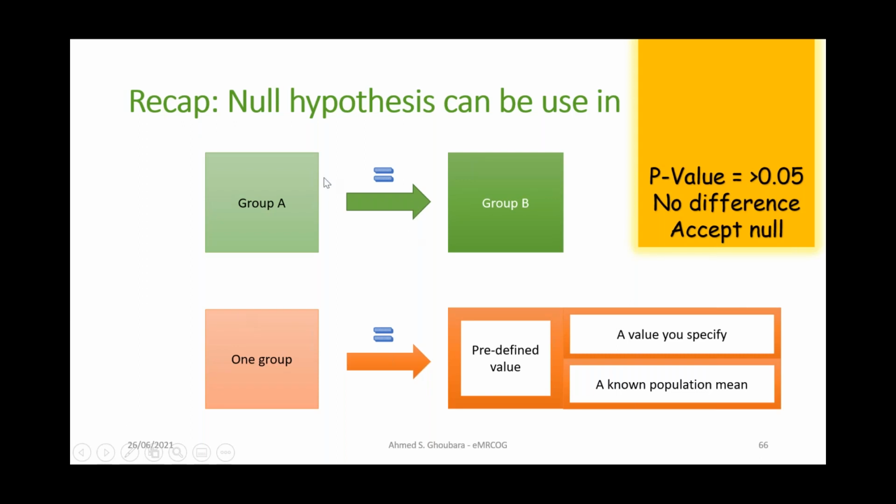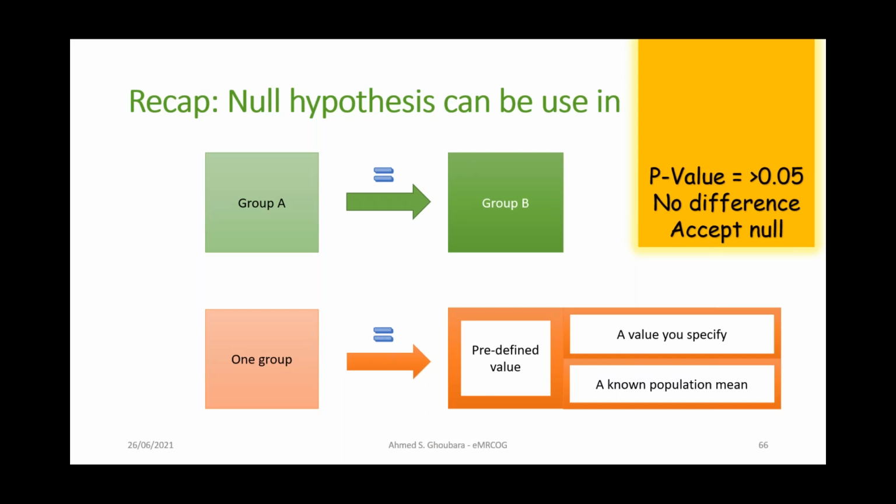I told you in a minute that you can use the null hypothesis to specify if one group meets a predefined value or not. So the null hypothesis states here that your group is equal to the predefined value you specified, like 80 for the weight, or 30 for the BMI, or the population mean. For example, if you have one group of 1,000 women with breast cancer, you need to figure out the mean or median age for breast cancer.